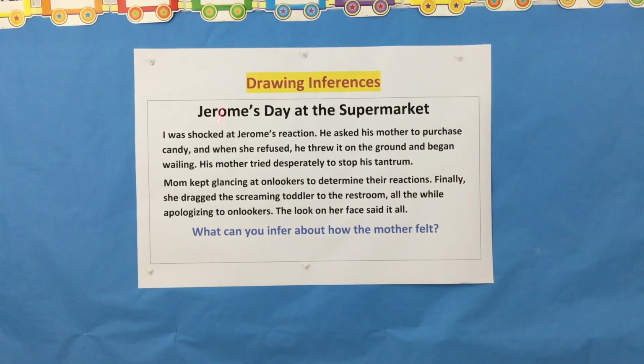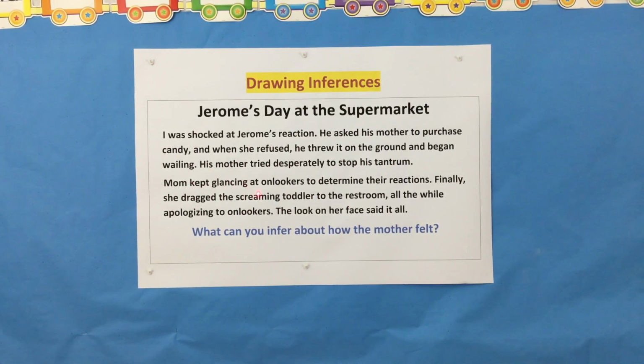So here is the title, Jerome's Day at the Supermarket. I was shocked at Jerome's reaction. He asked his mother to purchase candy, and when she refused, he threw it on the ground and began wailing. His mother tried desperately to stop his tantrum.